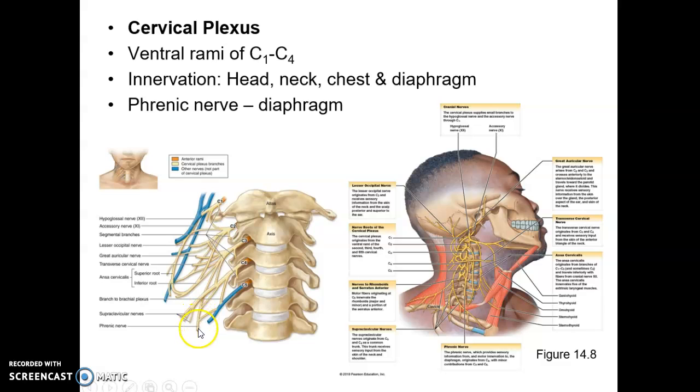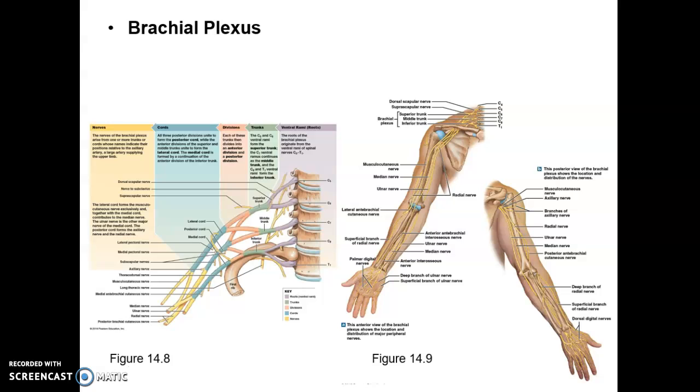You don't need to identify it on diagram. In lab, you do need to identify it on the plaque, the spinal cord plaque, because it's pretty obvious, the phrenic nerve. And that actually innervates the diaphragm, helps with our control of breathing. Okay, and that's it for this cervical plexus.